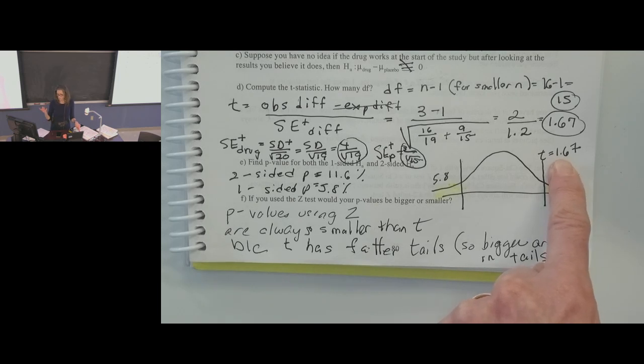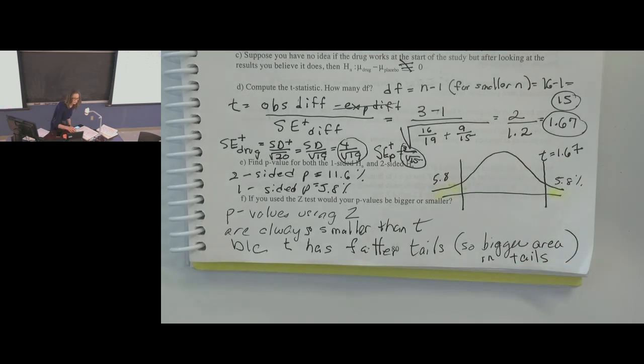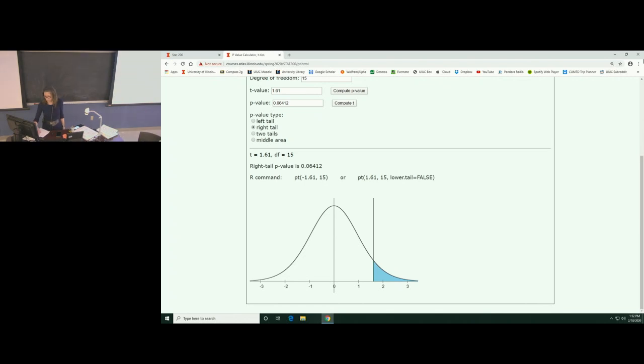And I can show you, just so you know what you're doing, with this 1.67, if you went to the PC, and here we are, and we had a t with 15 degrees of freedom, and it's 1.67.